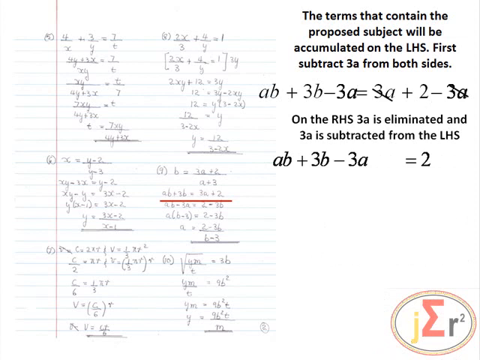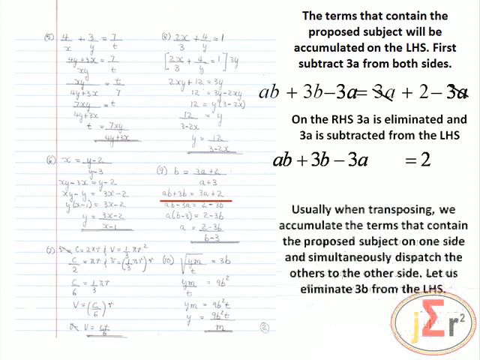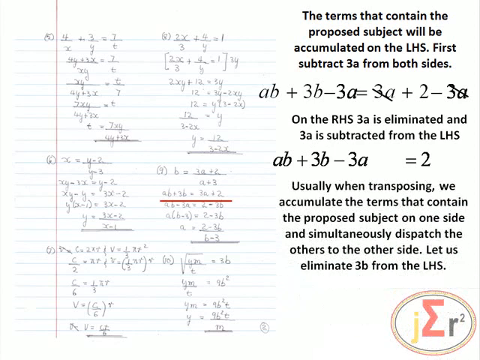Now that we have the a's accumulated on the left hand side, we may go straight ahead and factorize. Wrong. We need to eliminate that term that does not contain the proposed subject from that left hand side, and that we will do by minus 3b. So let us subtract 3b.